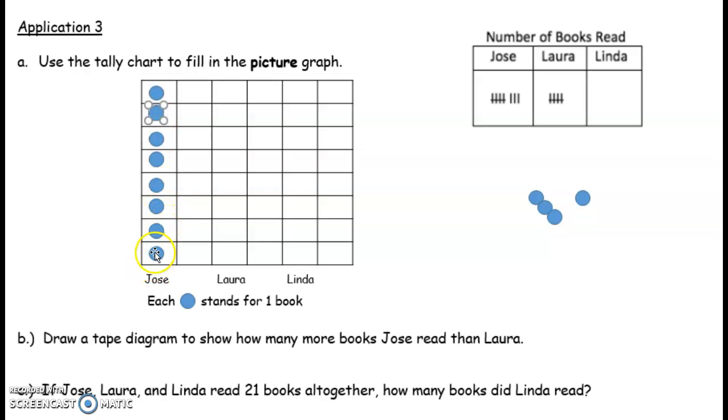Okay, so we have 1, 2, 3, 4, 5, 6, 7, 8 books read for Jose.